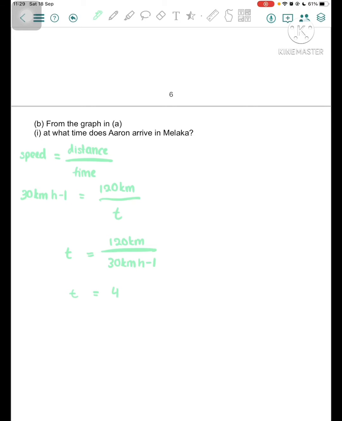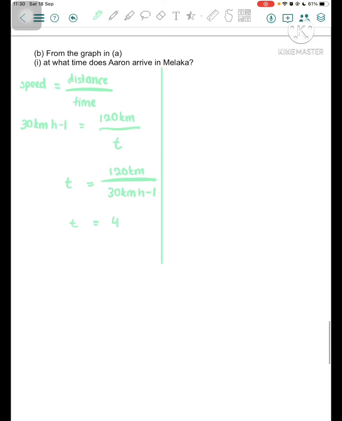Time is equals to 4. So, Aaron arrived in Melaka from 7 hours within 4 hours. Okay, then to find at what time Aaron arrives in Melaka, we should use the method from before.